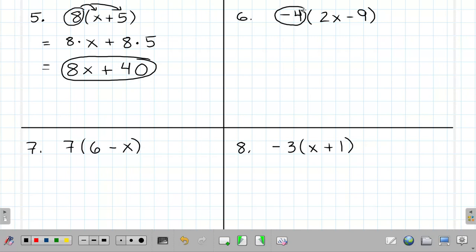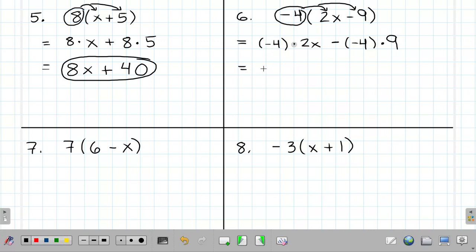So we're going to take the negative 4, distribute it to the 2x, and technically the negative 9. So we get negative 4 times 2x minus negative 4 times 9. We get the same kind of thing here.